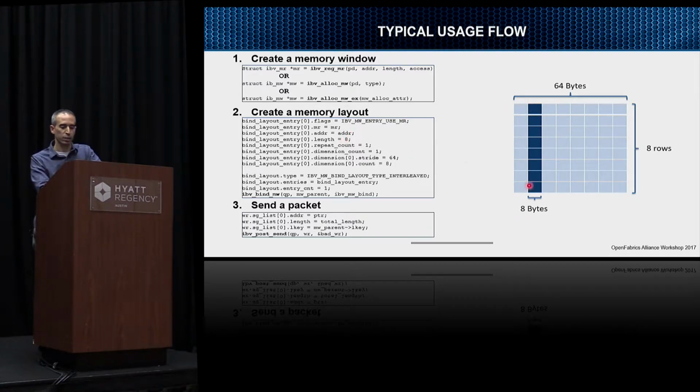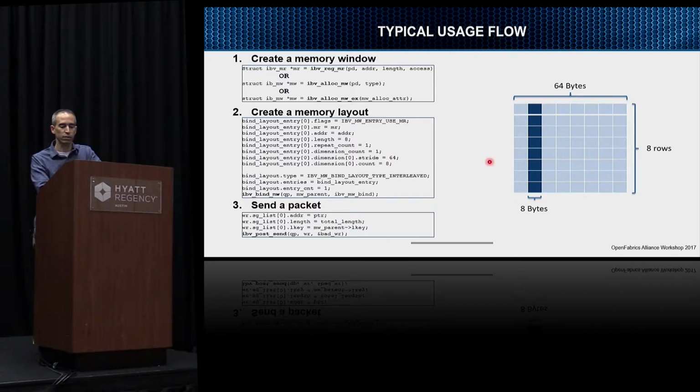The length is 8 because each element here is of size 8. The repeat count and dimension count in this case is 1. Stride is 64. 64 is how many bytes we should jump till we reach the second object, which is the width of a line in the matrix.